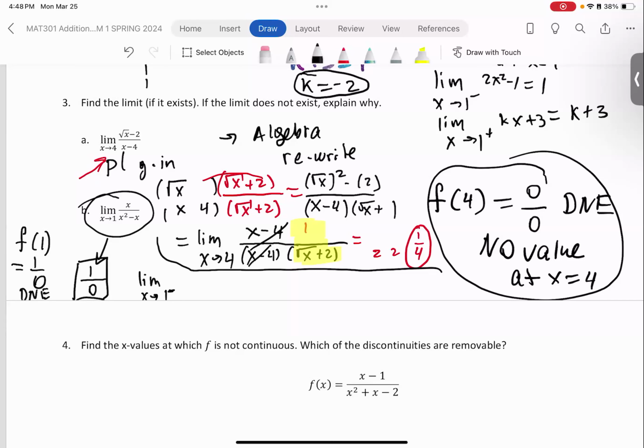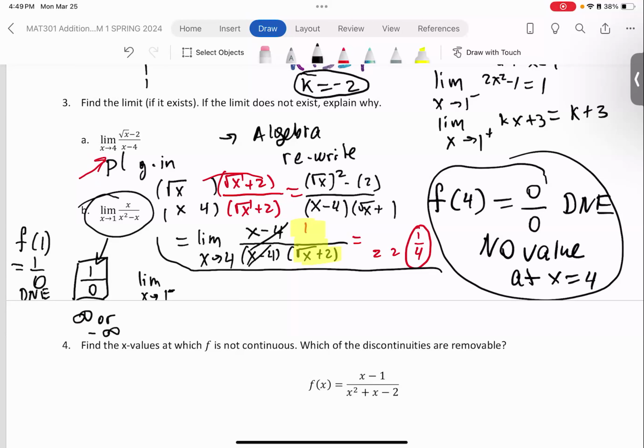Well, first, since you get 1 over 0, it doesn't exist, but 1 over 0 tells you that you have some kind of infinity. Then you've got to investigate which kind. But you already know a lot of things. You don't have to do algebra. You can already write that it's a vertical asymptote and say the limit does not exist. It's infinite, and just be done with that.